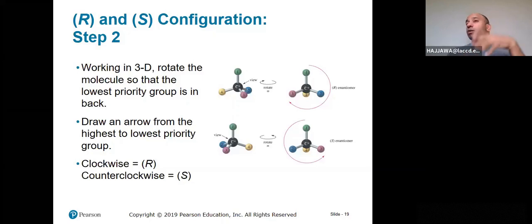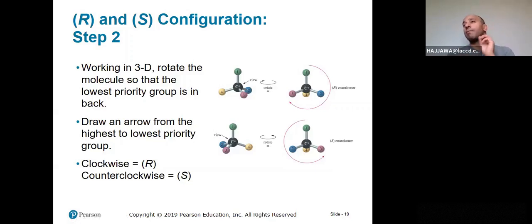When that fourth group is dashed away from us, if the direction of the priority going from 1 to 2 to 3 to 4 is clockwise, the chiral center is labeled R configuration. But if the fourth group is pointing away and the rotation going from 1 to 2 to 3 is counterclockwise, then the configuration would be labeled S.